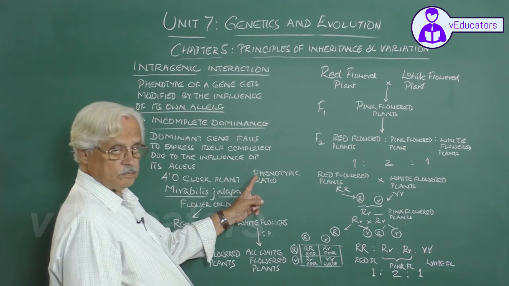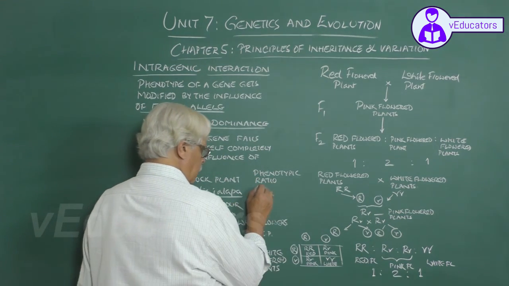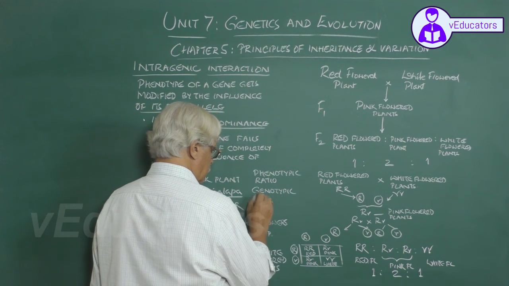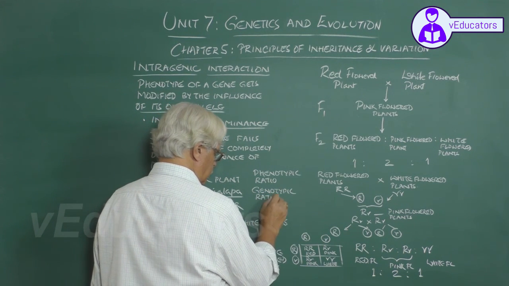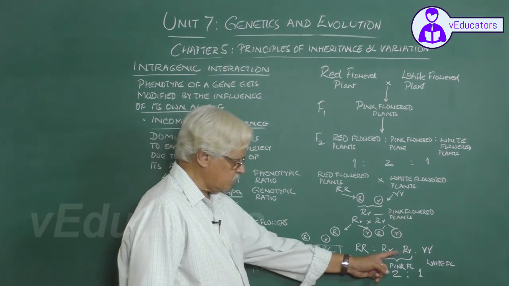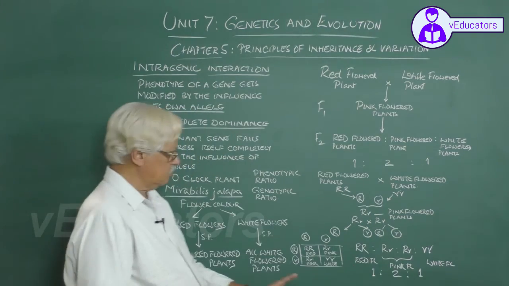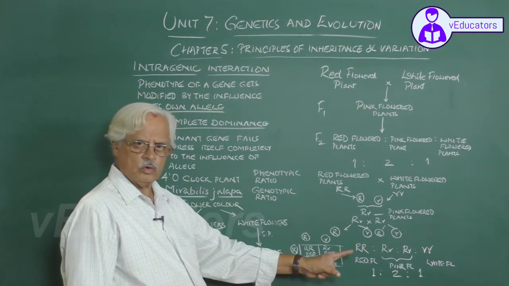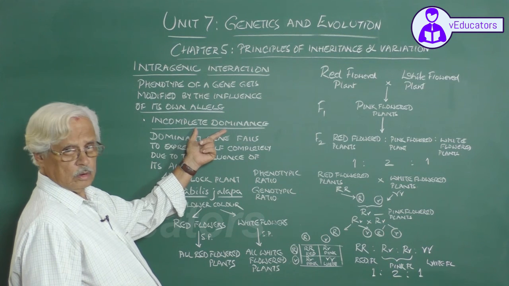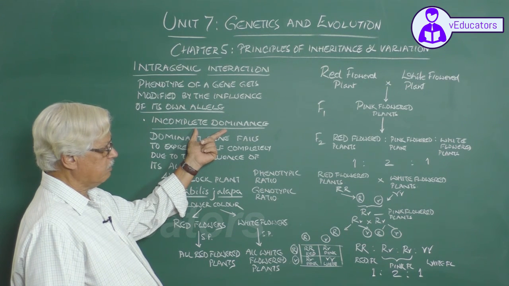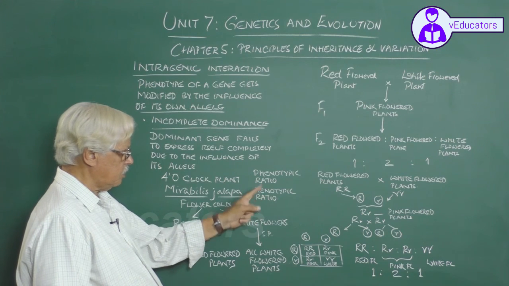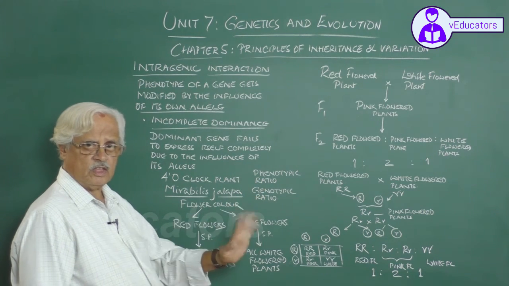So it is the phenotypic ratio, but it is also the genotypic ratio. Homozygous, heterozygous, homozygous in the ratio 1:2:1. So in the example for incomplete dominance, the phenotypic ratio and the genotypic ratio will be one and the same.